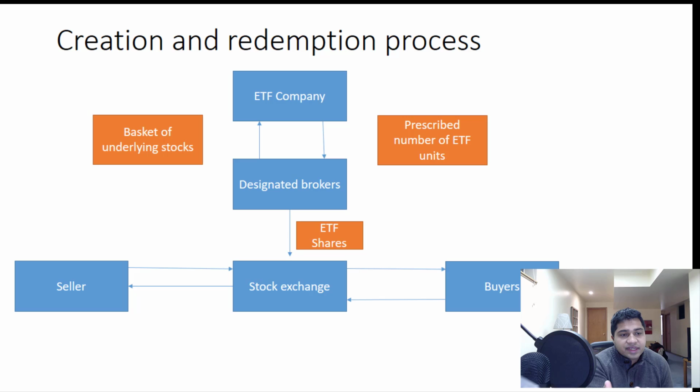If the value of shares is high, the other thing happens. He acquires those units, goes to the ETF company, gets those shares back and sells them on an exchange. So there is a continuous arbitrage done by a designated broker with an ETF company. That's the reason the unit price and the share price trade similar.